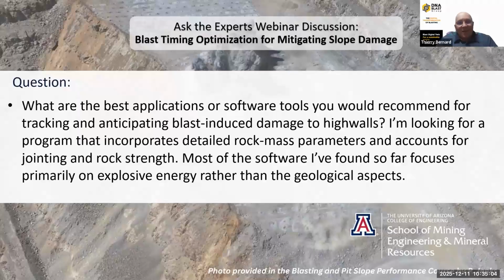Okay, I can start. I don't know all the packages that exist on the market, but from our side, we're developing the iBlast software, and when we're looking at protecting the high wall, the principle that is used is to work on the vibration level on the high wall, calculating the critical PPV that you don't have to exceed.